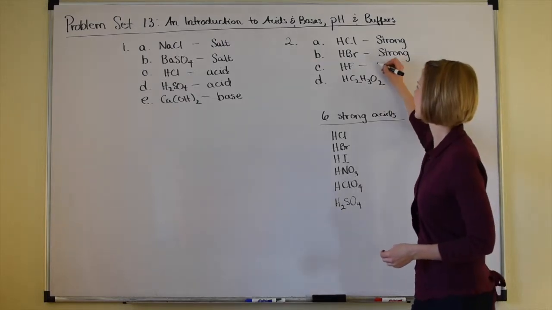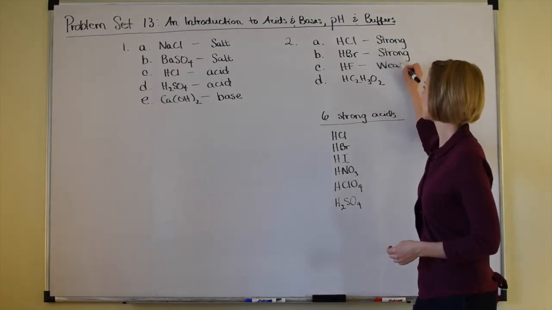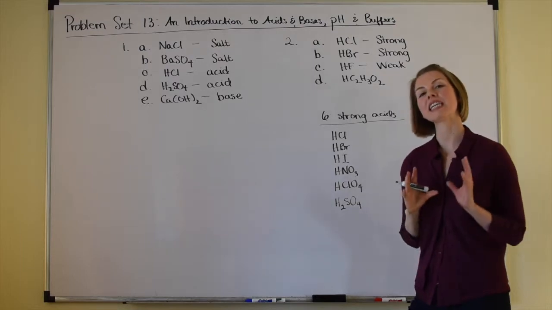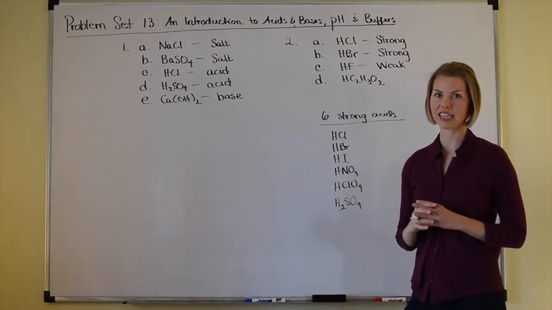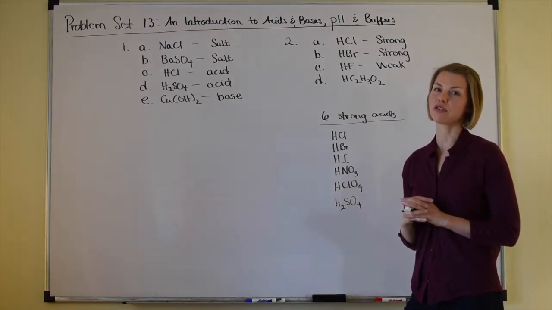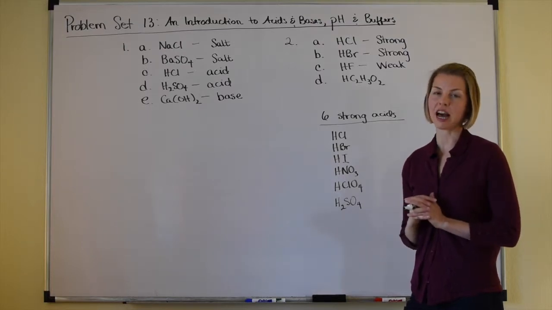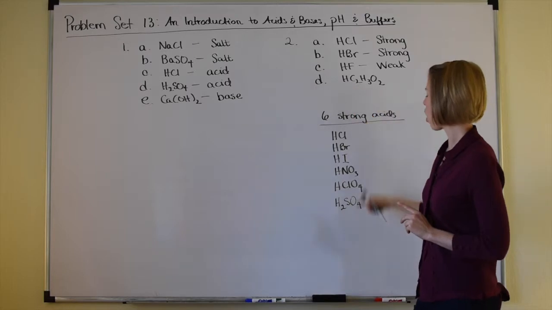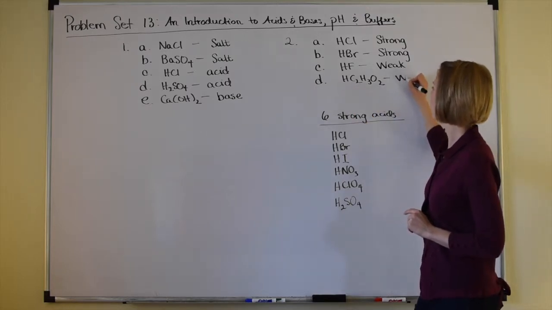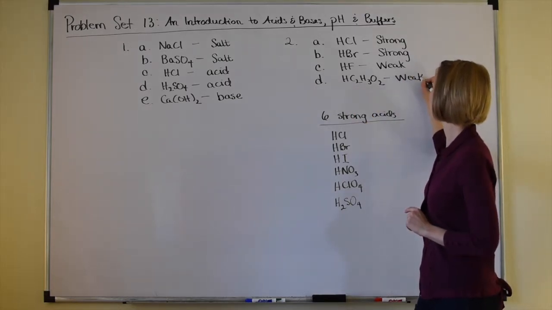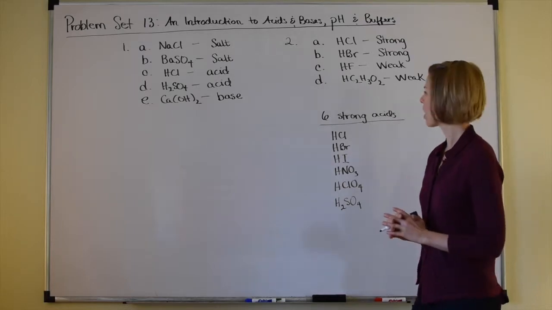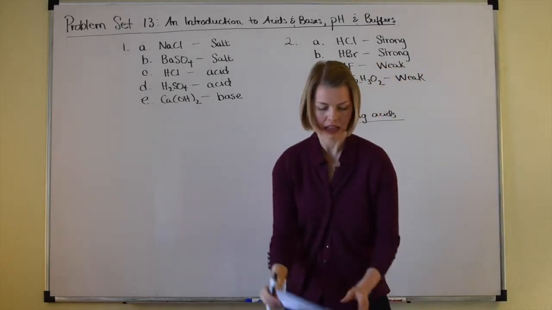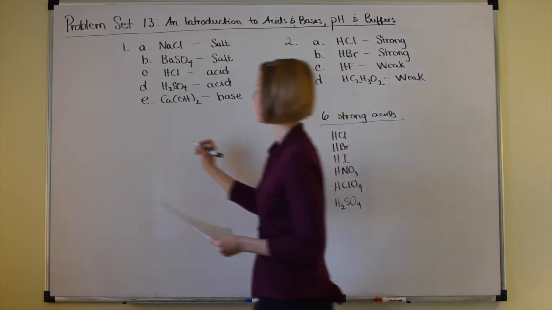But hydrofluoric acid is a weak acid, meaning that it will significantly less than 100% ionize in an aqueous solution and therefore produce small quantities of hydronium ions. Acetic acid, also not on the list, so therefore a weak acid. Okay, let's move on to number 3.